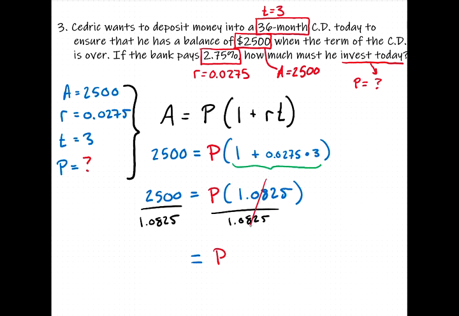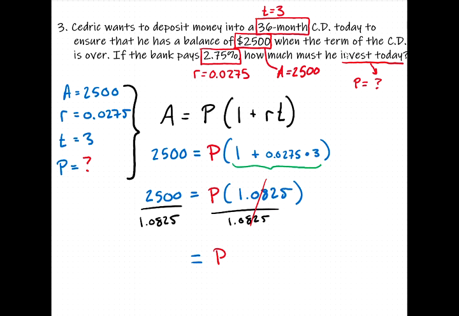On the left, let's use Desmos: 2,500 divided by 1.0825. Before we even solve the problem, you have somewhat of an idea what the answer should look like. If you want your money to grow to 2,500, you know that you should be starting with something less. So if you get a final answer of something more than 2,500, you know you've done something wrong.